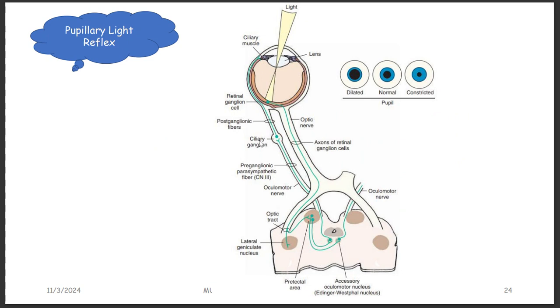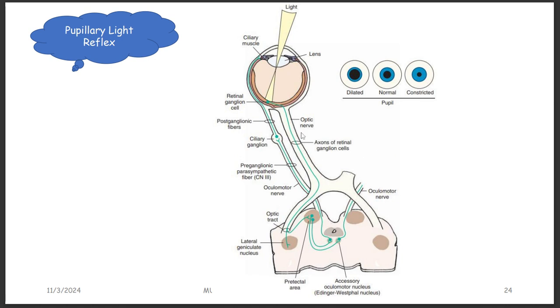And I just wanted to mention something on this one. How is it that we have the direct pupillary reflex and the consensual pupillary reflex? So we see that information is coming from this eye and information is coming from the contralateral eye.